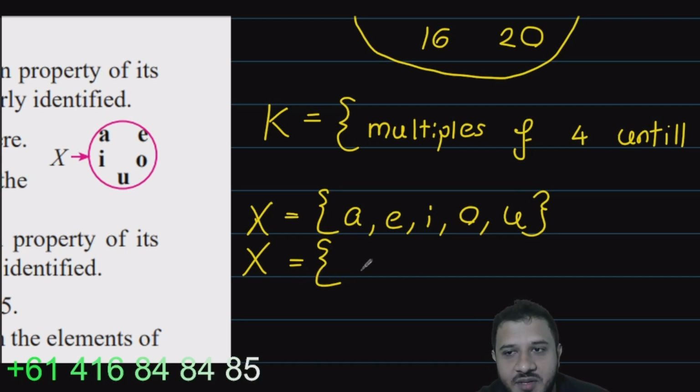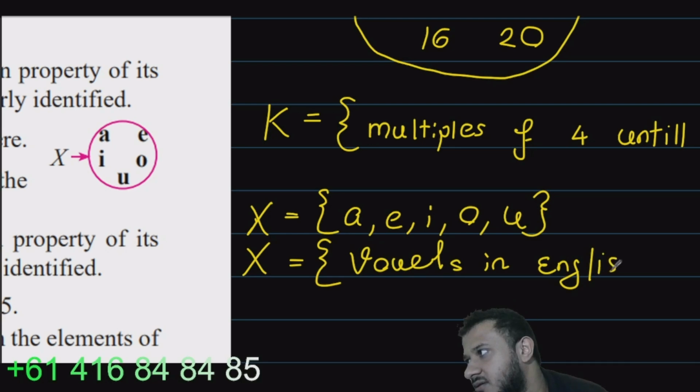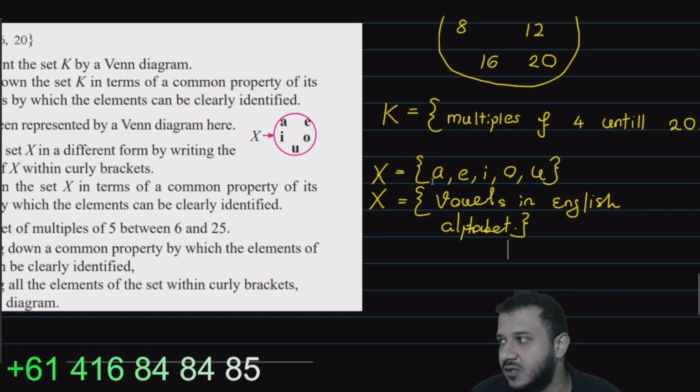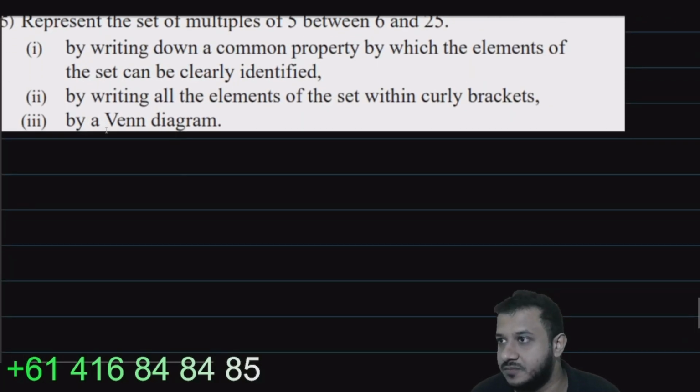Always remember, keep the bracket. Yeah, vowels in English alphabet. That is what it is. Got it, everybody?